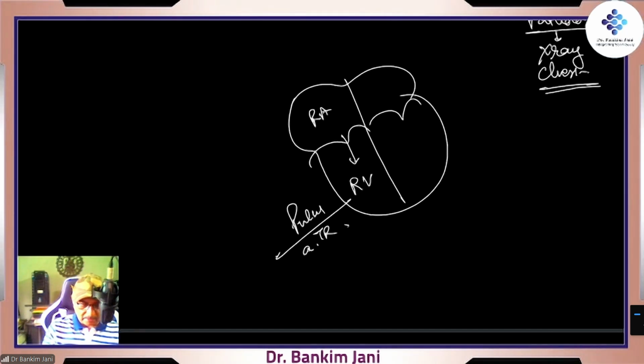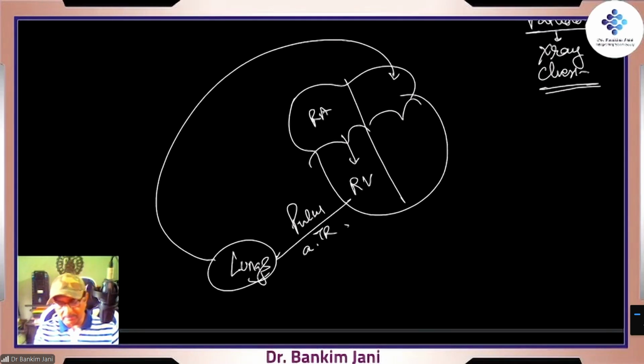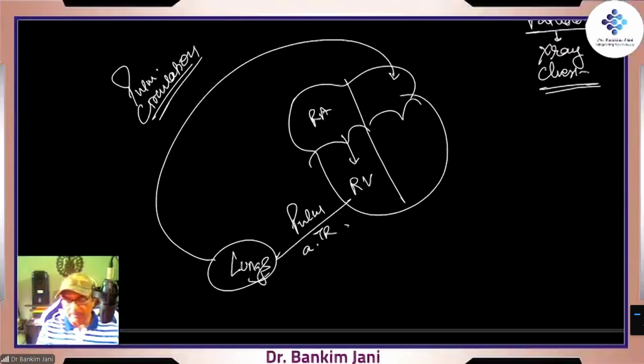That goes into the lungs, and this is the pulmonary circulation. Similarly, there would be the systemic circulation, starting with the left ventricle, then the aorta to the body, and then back to the right atrium and ventricle. Right now we are not drawing the systemic circulation. We want to focus on this.